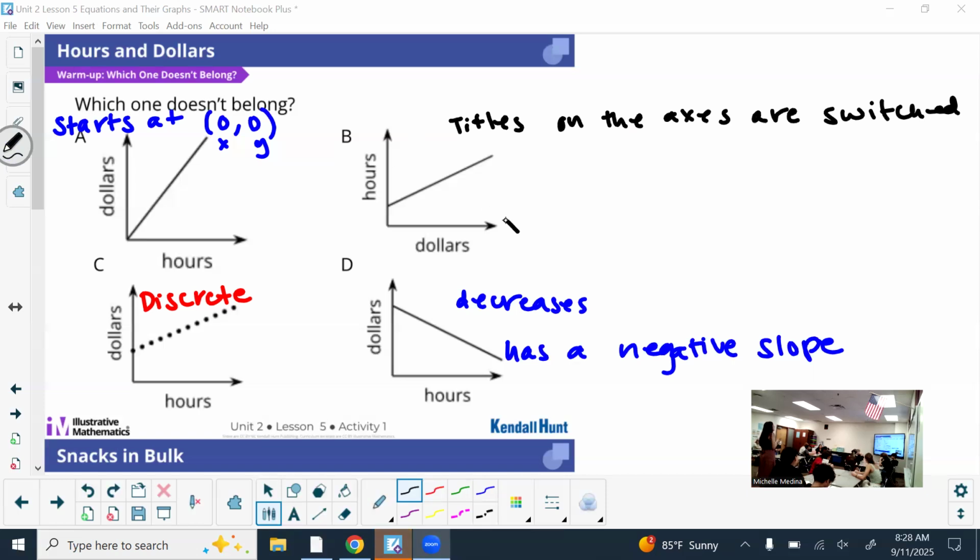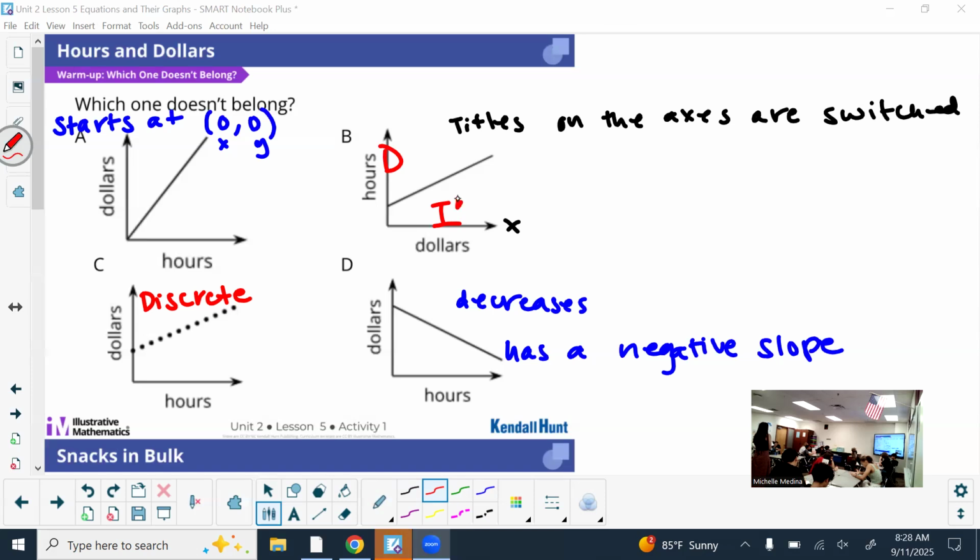Do you guys remember the other things we call x? Like in any situation, it's the what? Input and independent variable. So input and independent both start with in, so that's what you can remember. And then also, I showed you this yesterday, you can make an I with the x-axis and a D with the y-axis.